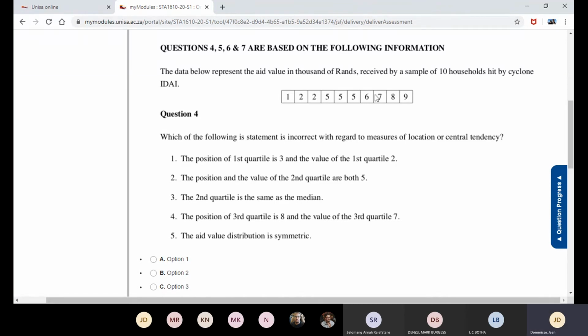So that is also right. Let's just read it again. The position of the third quartile is 8 because that is position 9 and position 10. The first quartile is position 3, so that is also right.